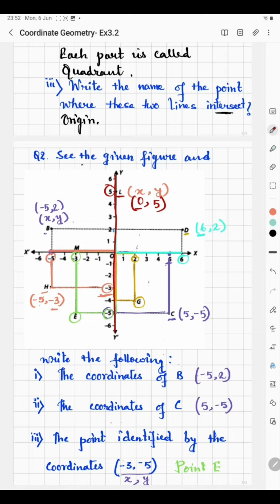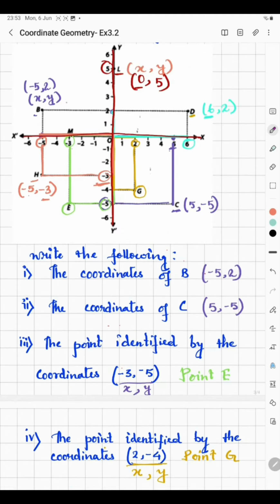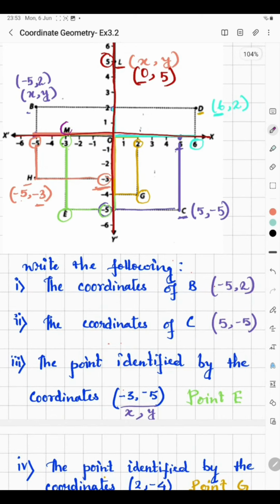Similarly, if any point lies on the x-axis, then the value of y will be 0. Now in the last part we have the coordinates of the point M. Now where is M in the figure? M is over here. First we will have to write the value of x and then the value of y.